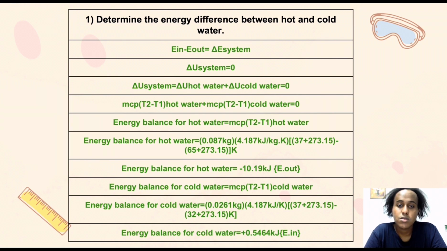This 37 is the final temperature and this 65 is the initial one. So the energy balance for hot water is equal to negative 10.19 kilojoules, energy out. For cold water, we use the same equation and we got the energy balance for cold water equal to positive 0.5464 kilojoules, energy in.